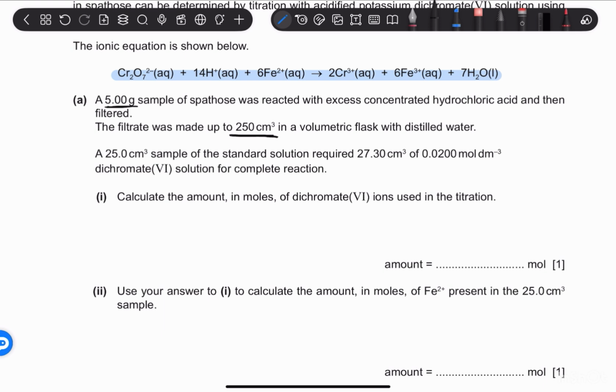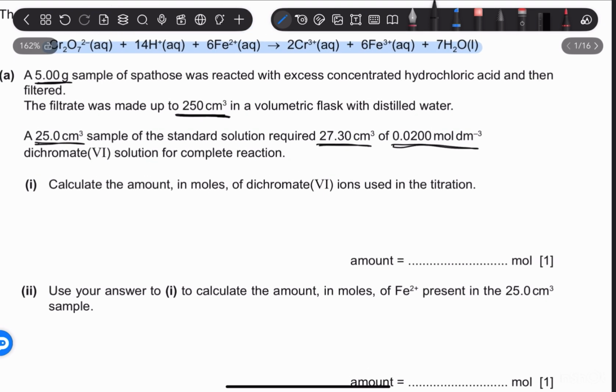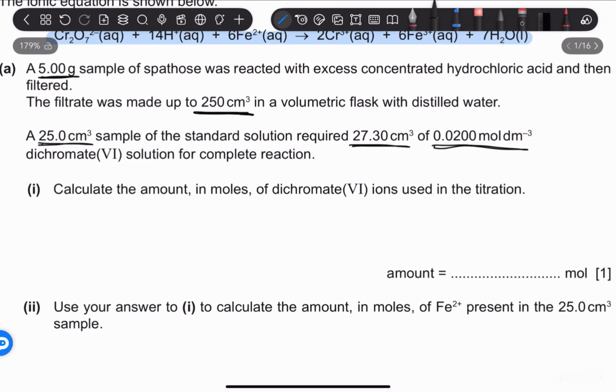Okay, so a 25 cm3 sample of the standard solution required 27.30 cm3 of 0.0200 moles per dm³ dichromate solution for complete reaction. Our first question is to calculate the amount in moles of dichromate ions used in the titration.